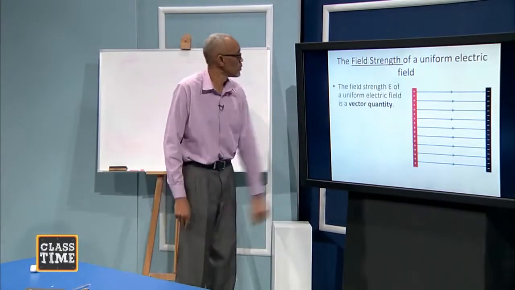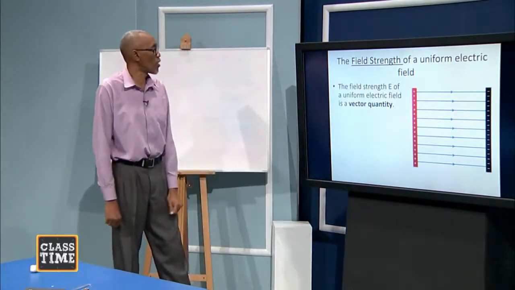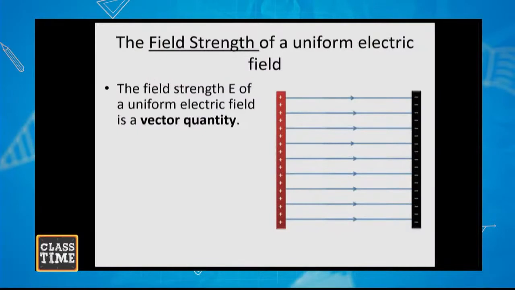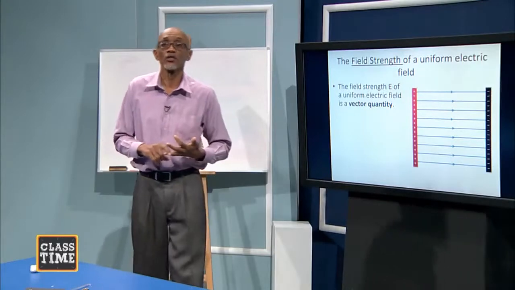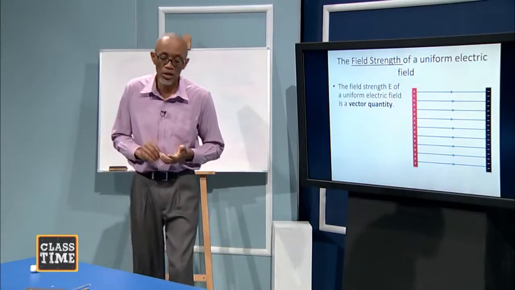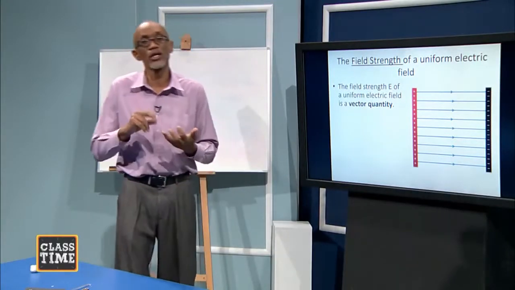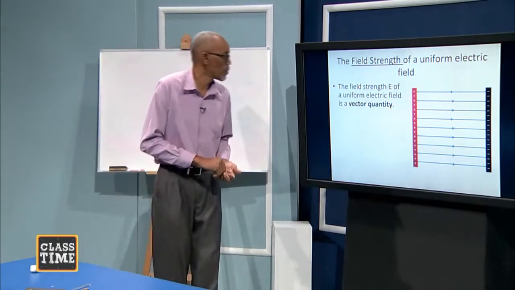All right? And so the field strength of a uniform electric field is a vector quantity. That's the first thing. Field strength is a vector quantity. So that means it has magnitude and a stated direction. If we are going to talk about field strength, we have to speak about its magnitude and its direction.